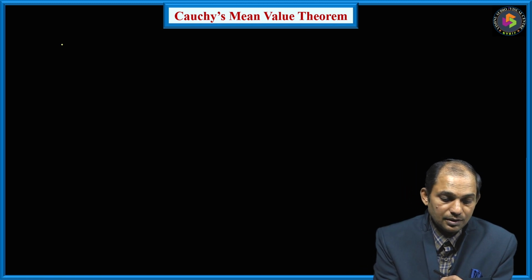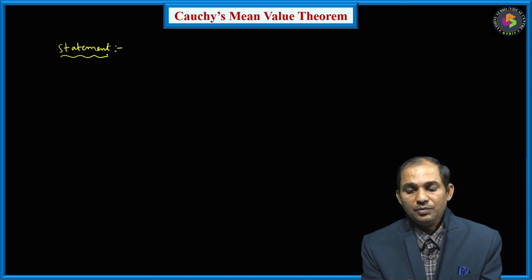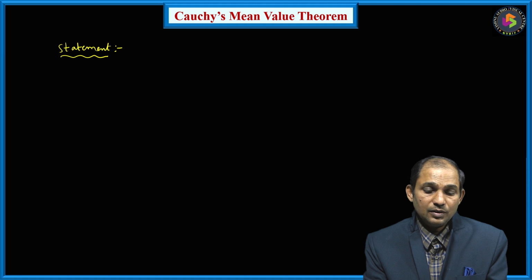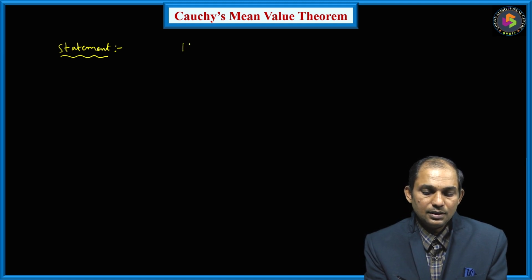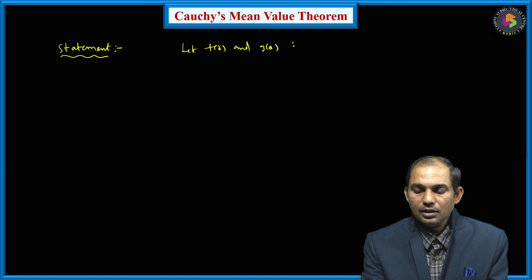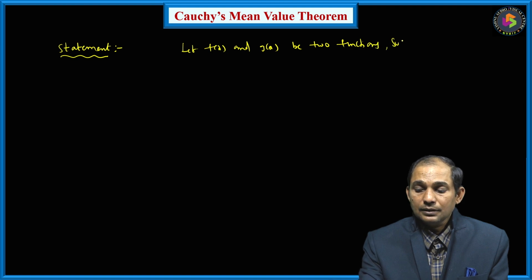Now let us see the statement of Cauchy's mean value theorem. Cauchy's mean value theorem is the general case of Lagrange's mean value theorem. Instead of considering one function f of x, we are going to consider two functions. Let f of x and g of x be two real valued functions such that they must satisfy three conditions.